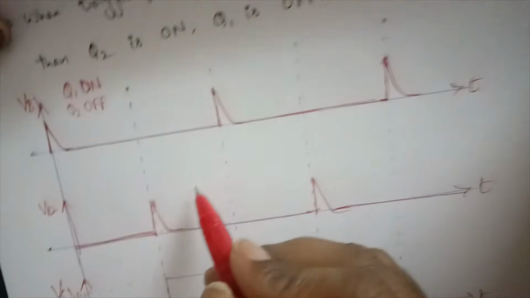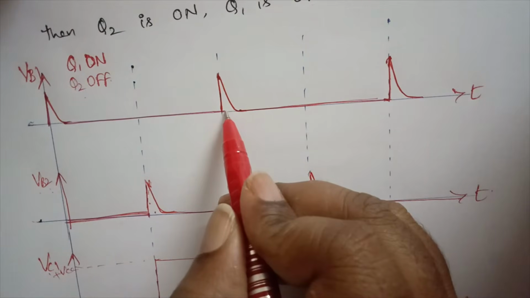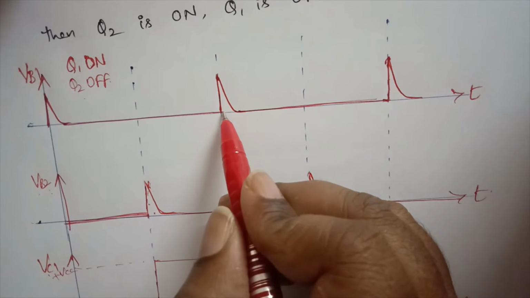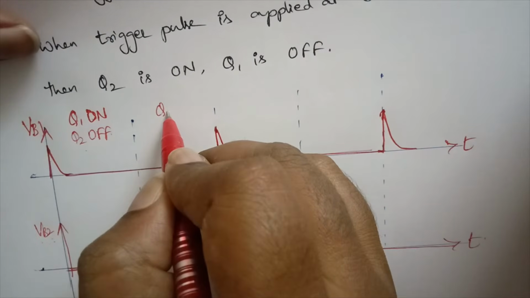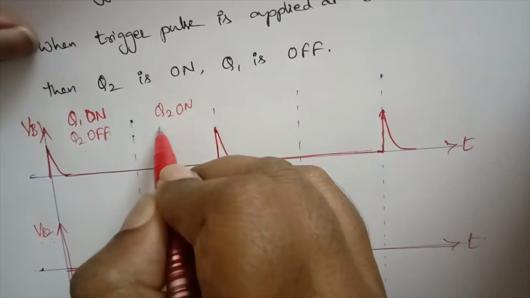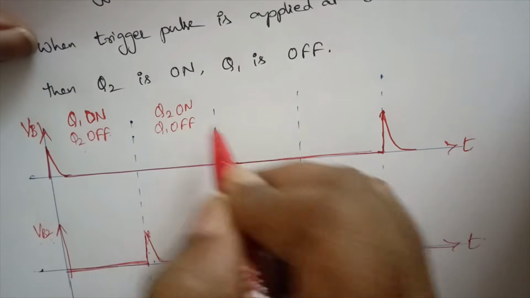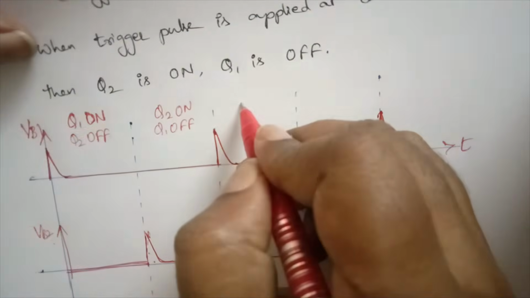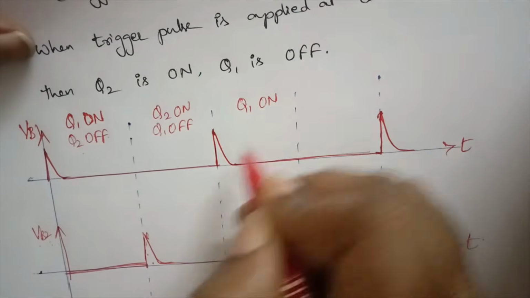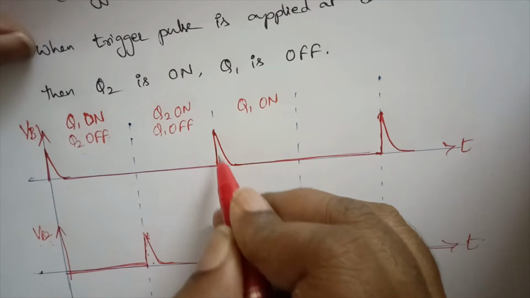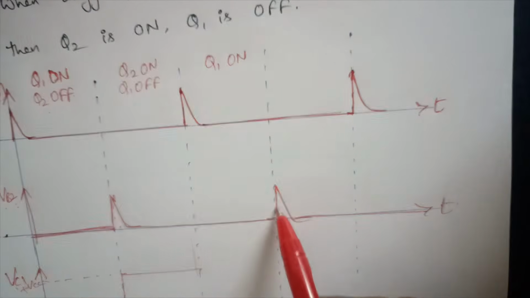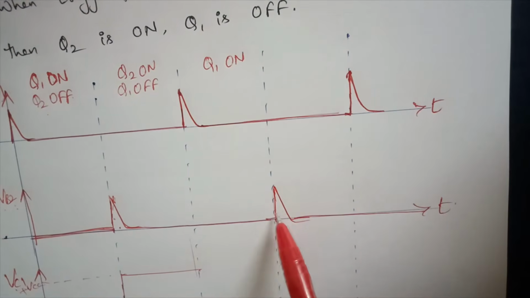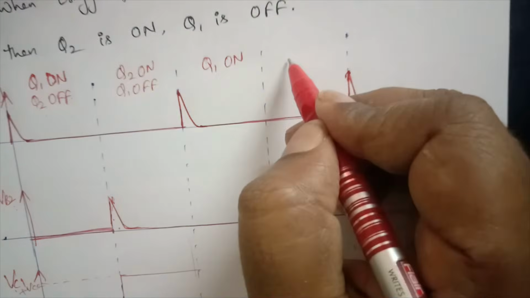Again, when we apply a triggering pulse at the base of transistor Q1, Q2 is on and Q1 is off becomes Q1 on. Whenever we apply a trigger pulse at the base of Q1, Q1 is on. Whenever we apply a trigger pulse at the base of Q2, Q2 will be on.